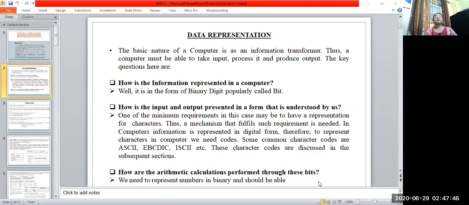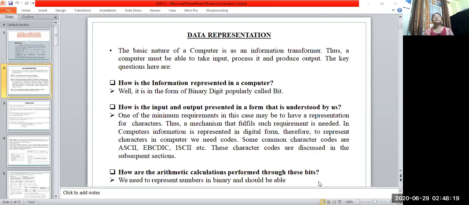That is, we will learn about the four main kinds of number systems, their interconversion, how arithmetical operations are performed, how positive and negative numbers are represented, and how the computer performs addition and subtraction. We will also study in this unit about floating point numbers, and how floating point numbers are represented in the computer.